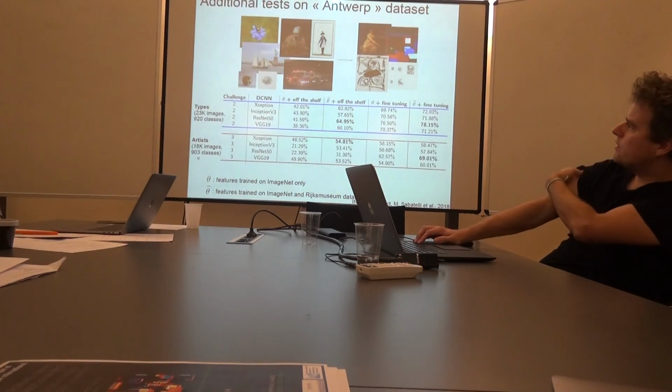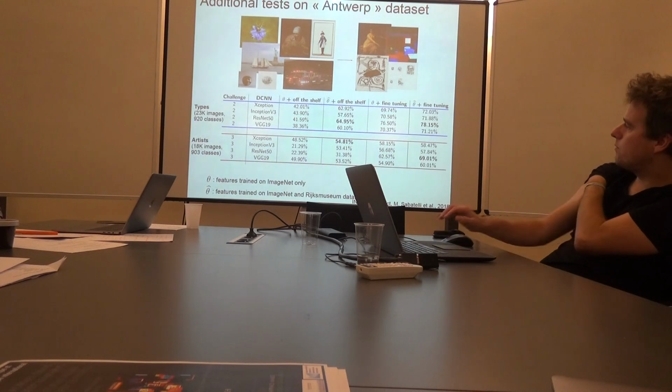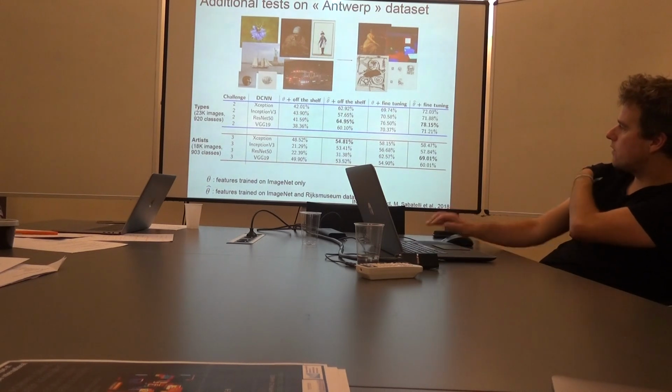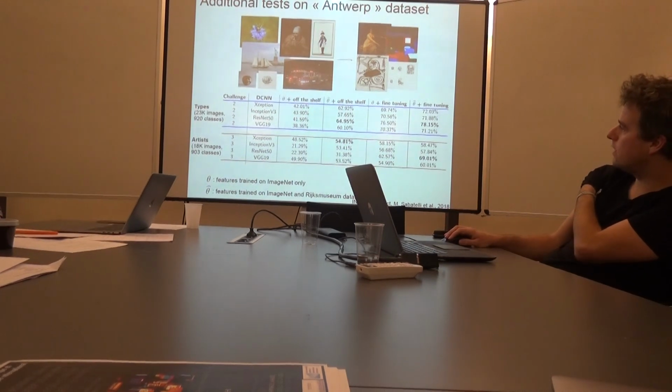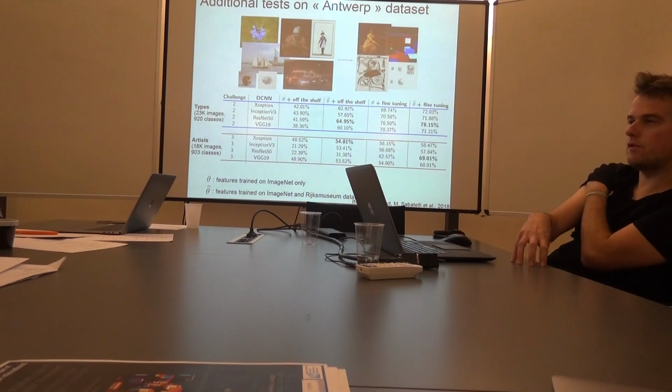Mattia did an additional test on another collection coming from a museum in Antwerp, and it's the same conclusion. I will not go into details, but basically fine-tuning these models brings better results, and this column corresponds to fine-tuning the models using both ImageNet natural images and Rijksmuseum images.